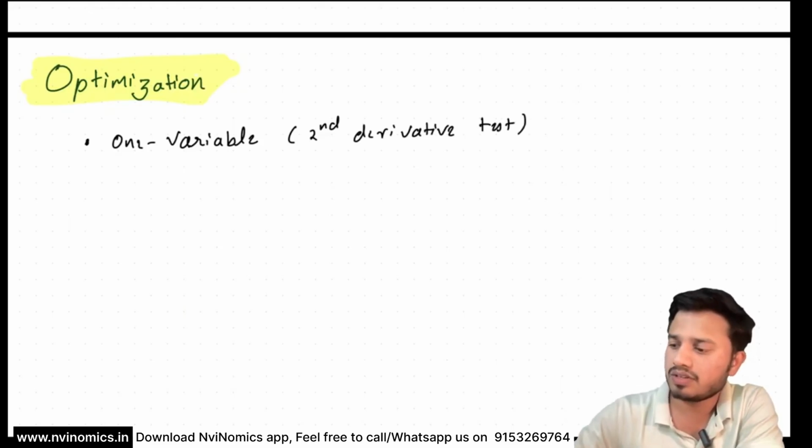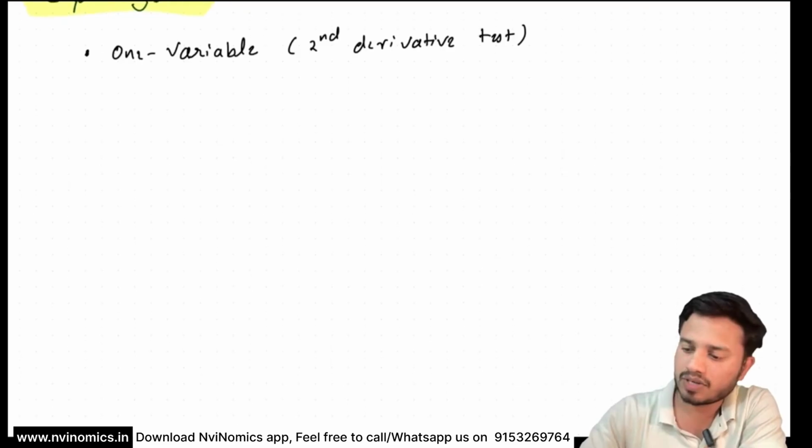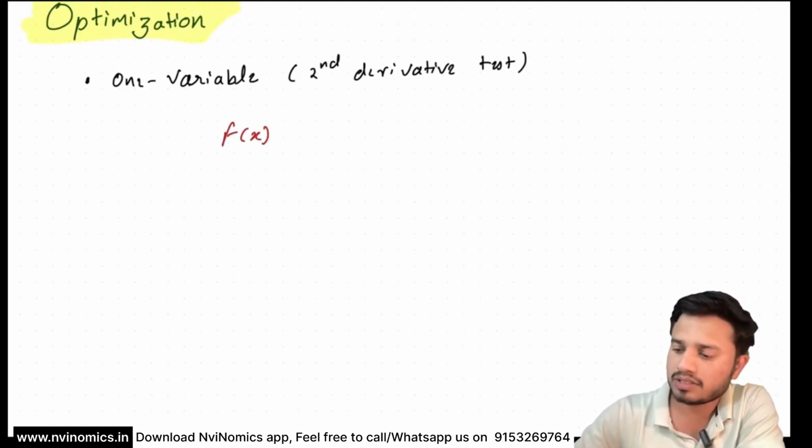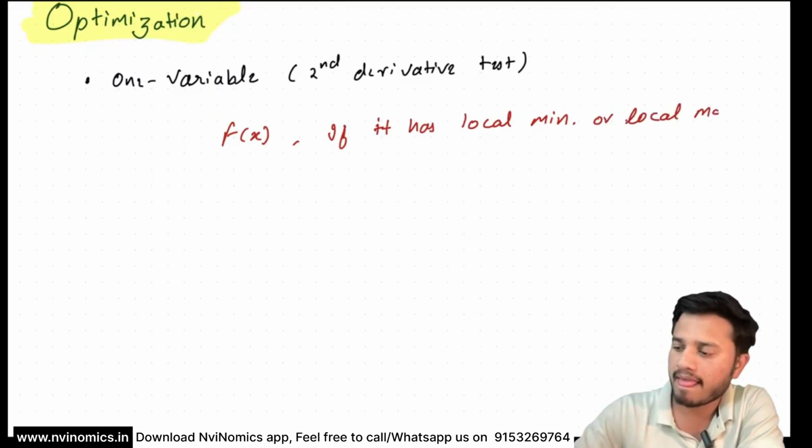So what was it? If you are given any function f(x) and you have to check if it has local minima or local maxima, then what was the condition?